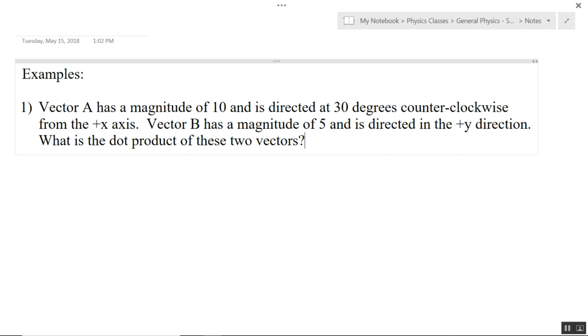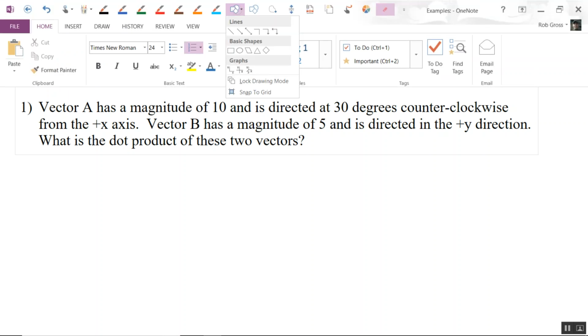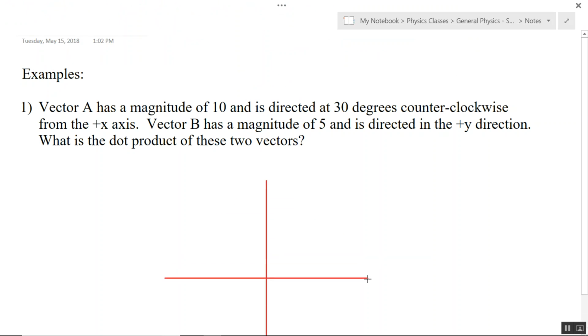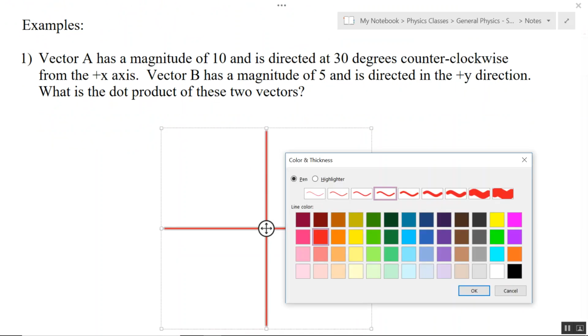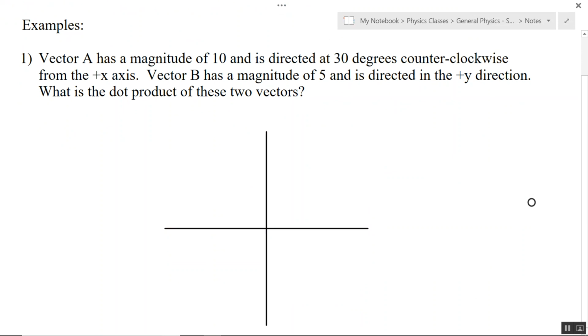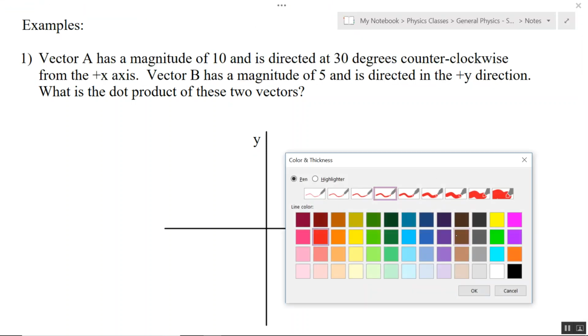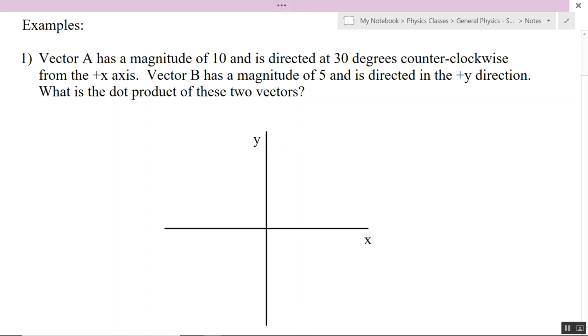It kind of helps to sketch out the picture. You don't have to do it if you can visualize it in your head or if you know what you're doing, but it helps to sketch out the situation here. All right, so vector A is 30 degrees from the positive x-axis. Now, technically speaking, it should be twice as long as vector B because the magnitude of vector A is twice as big, but it doesn't really matter that much.